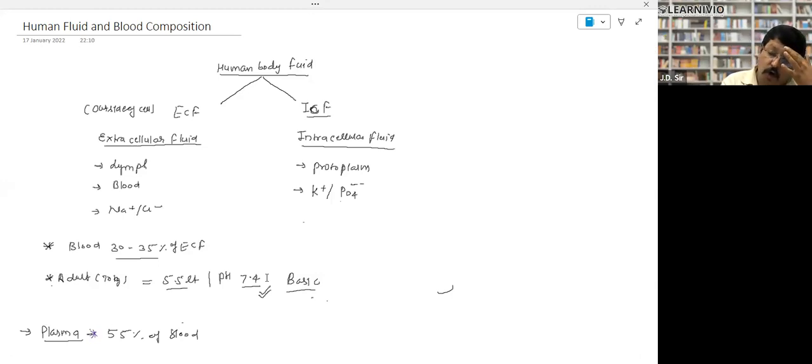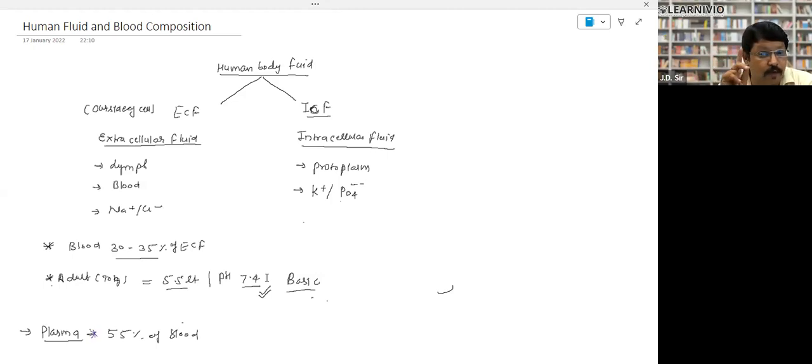The pH value of normal or standard blood is 7.4, but the pH value of deoxygenated blood is 7.35, which is slightly more acidic.